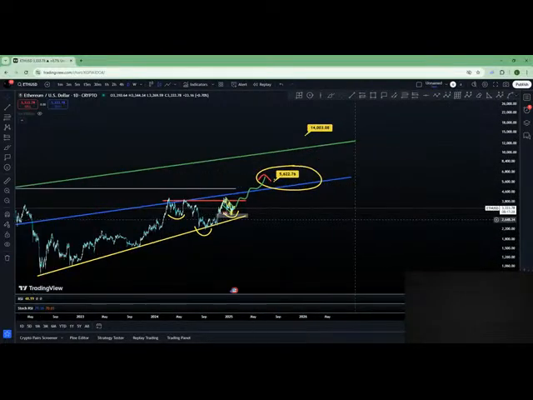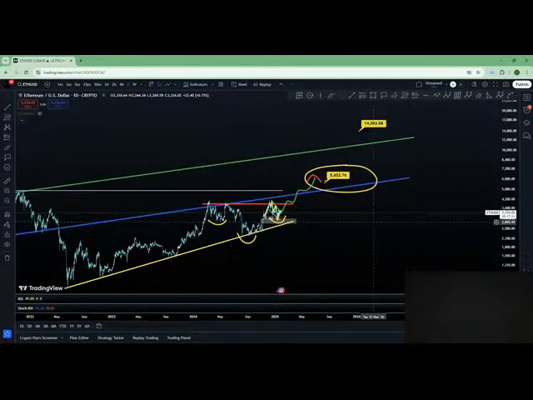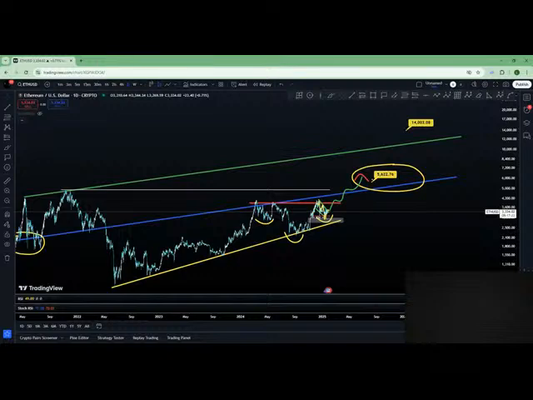So this bull cycle will be the biggest, it will be a super bull cycle. That's what the wise people are talking about. I hope you understood this.